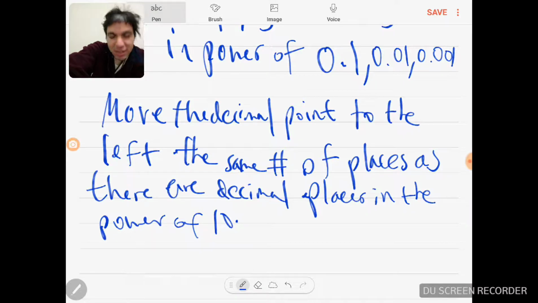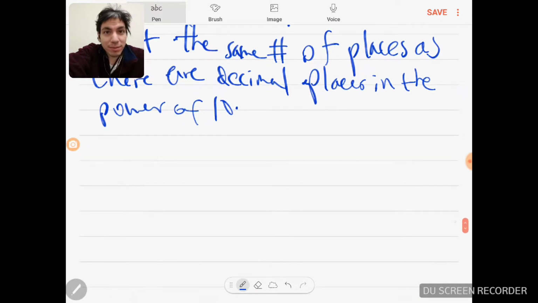So it's basically saying the number of zeros you have to the left of the number that you're multiplying, that's how many times you're going to move the decimal point over.